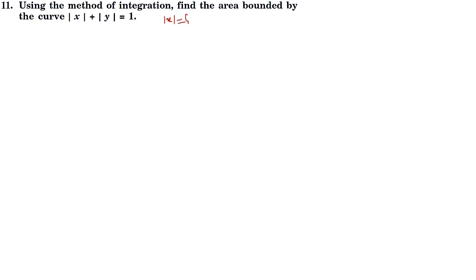Modulus of x means x will take positive form if x is greater than or equal to 0, and minus x it will be if x is less than or equal to 0. This is the definition. And in the same way modulus of y also we can define. The modulus of y, how do we define? Modulus of y is equal to y if y is greater than or equal to 0, and it will be minus y if y is less than or equal to 0.